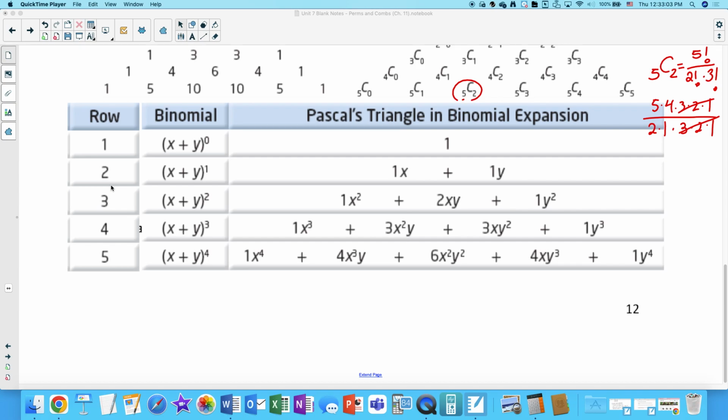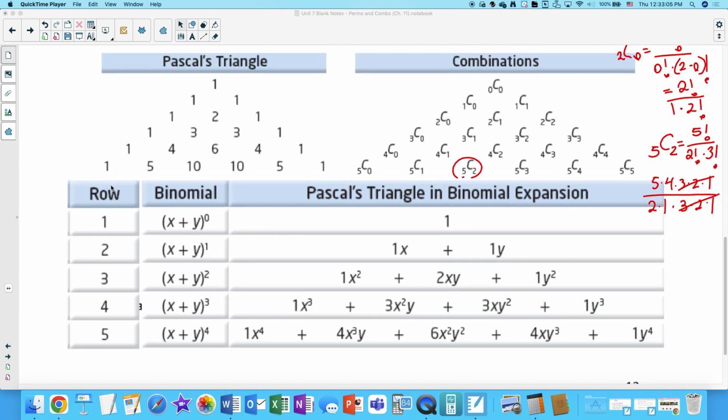And another thing that we saw towards the end of class is that all of the numbers that appear in Pascal's triangle happen to be various combinations. Okay?